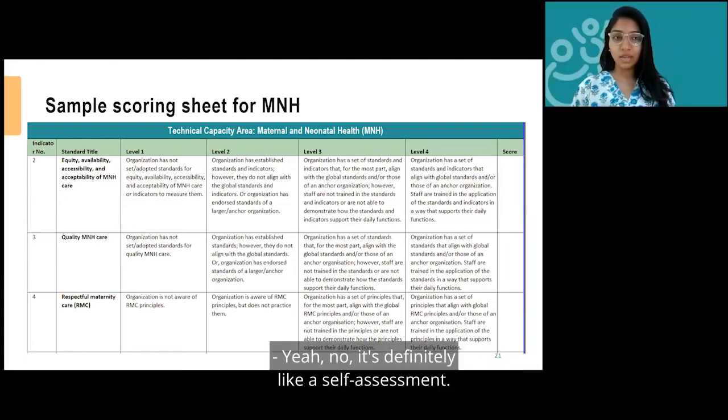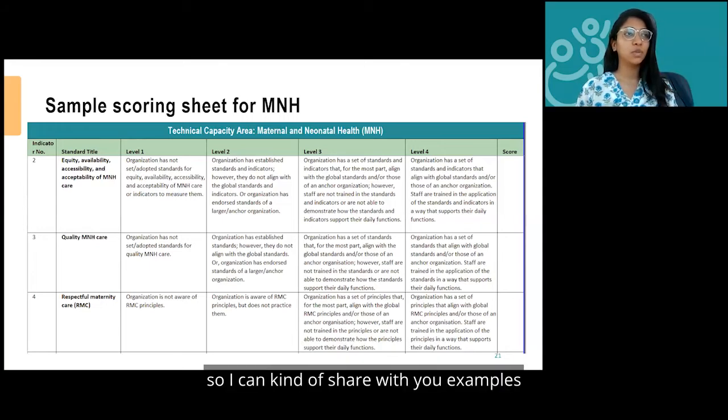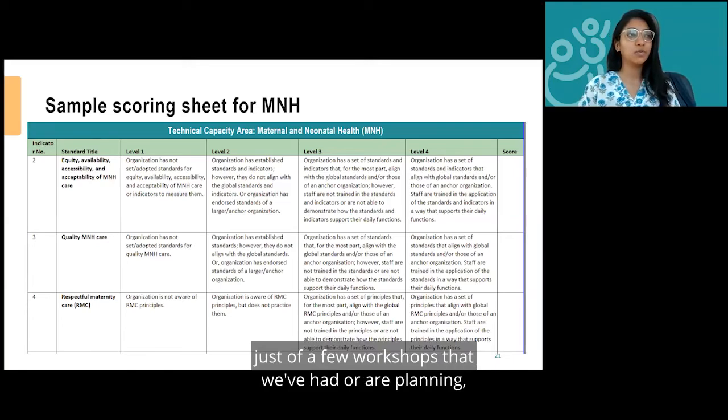Yeah, no, it's definitely a self-assessment, and we are a little early in the process, so I can share examples just of the few workshops that we've had or are planning.